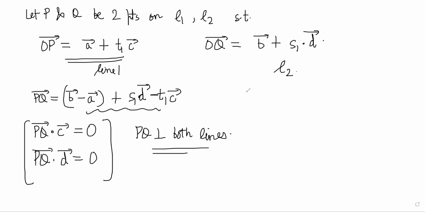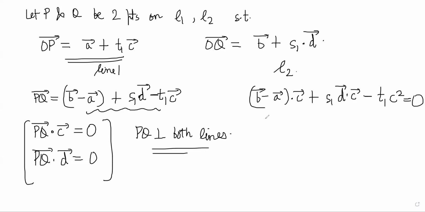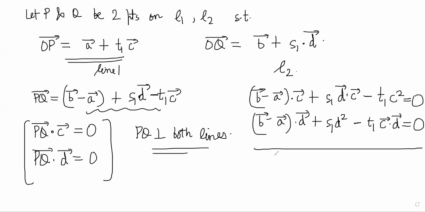So what are the conditions that are coming? Notice you will get PQ dot C, so it will be B minus A dot C plus S1 D dot C minus T1 C square is 0. And another equation would be PQ dot D, so B minus A dot D plus S1 D square minus T1 C dot D is 0, right?